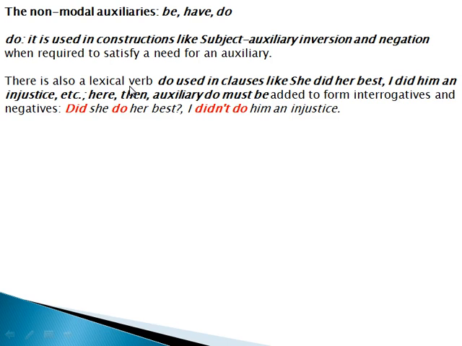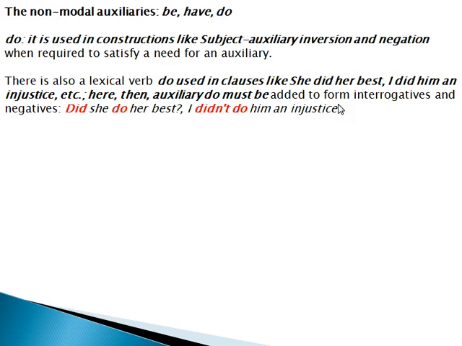There is also a lexical verb do used in clauses like she did her best or I did him an injustice. Here, the auxiliary do must be added to form interrogatives. Did she do her best? And I didn't do him an injustice. As you can see, the lexical do does not take any inflection.